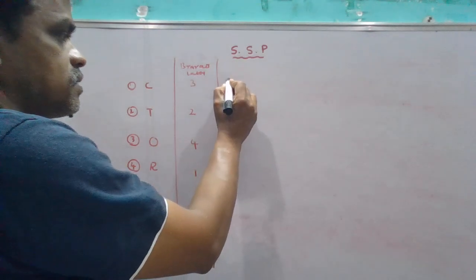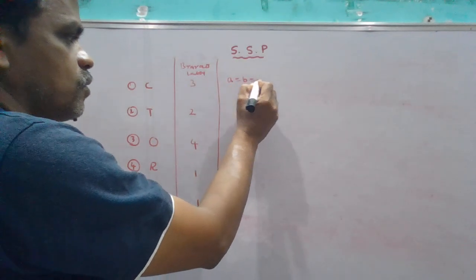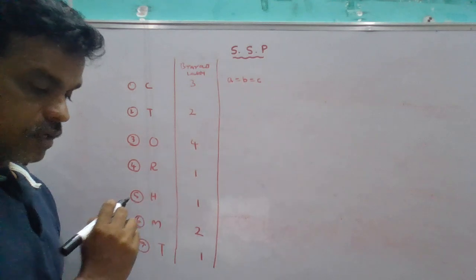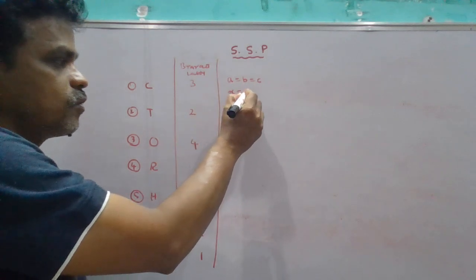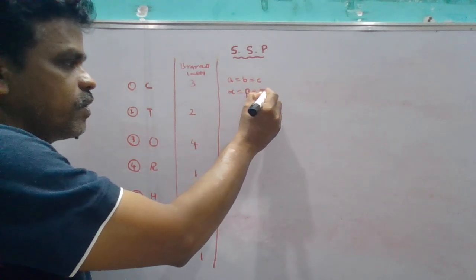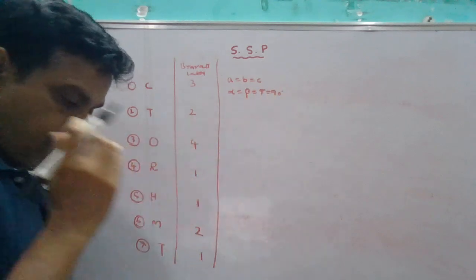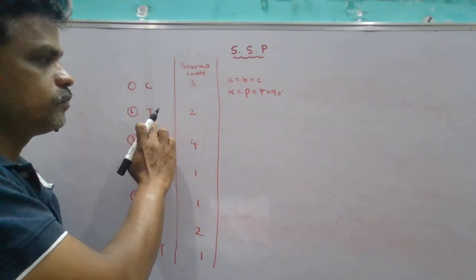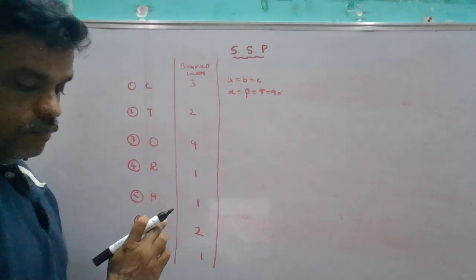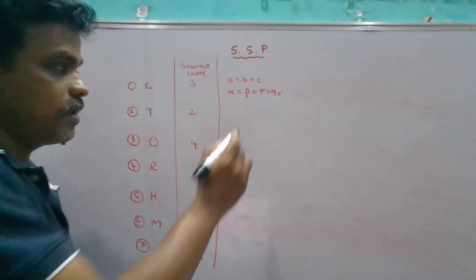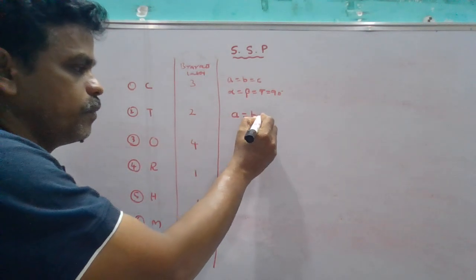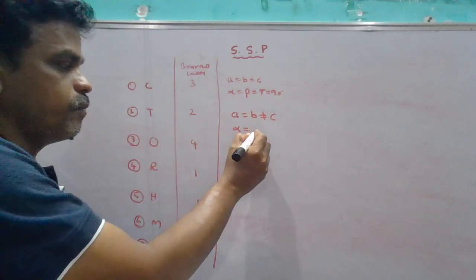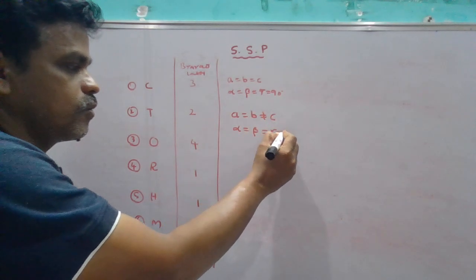So what about unit cell characteristics? Cubic: A equal to B equal to C, alpha, beta, gamma equal to 90. Next, tetragonal: A equal to B not equal to C, alpha, beta, gamma equal to 90.